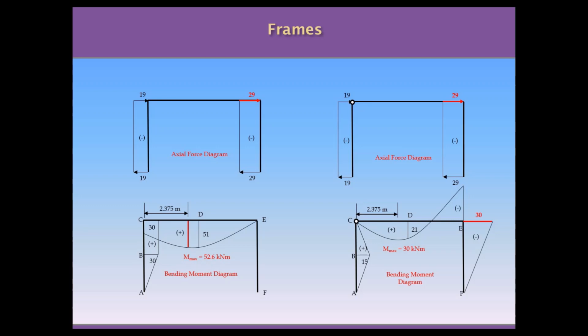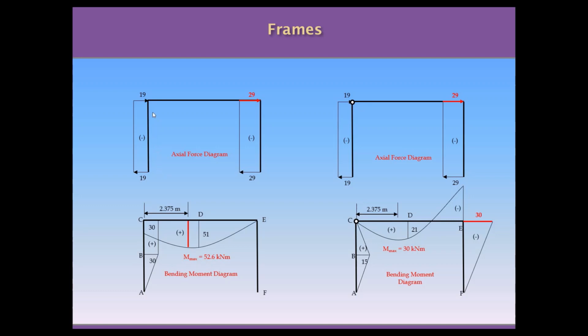And one more thing I was about to forget is that if you compare the axial forces for these two structures, they are exactly the same. But what is not the same is the combination you have between the axial forces and moment, which is the combined stress we have studied for columns.